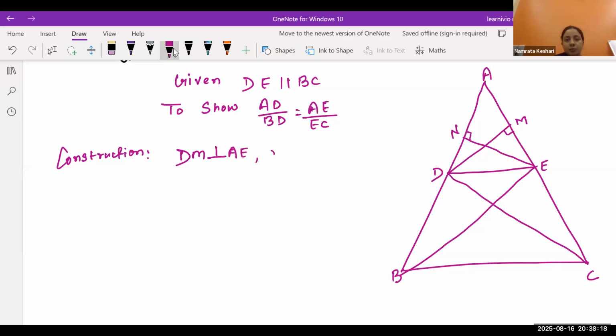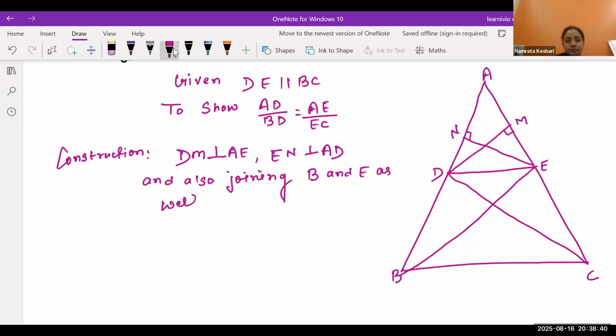We have dropped the perpendicular EN, which is perpendicular to AD, and also joined B and E as well as C and D.